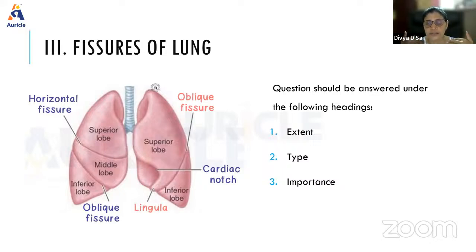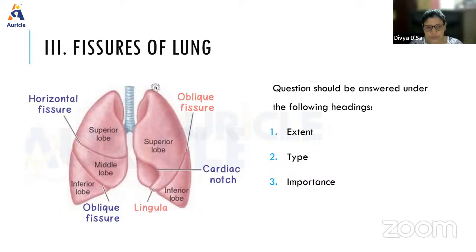If you feel the respiration, in the apical part it expands upwards, whereas in the upper anterior part it expands forwards and laterally. When you take a deep inspiration, you can feel it. In the lower part, it expands laterally and backwards. So to allow for that expansion of the lung in all directions, we have the fissures. That is the importance of fissures.